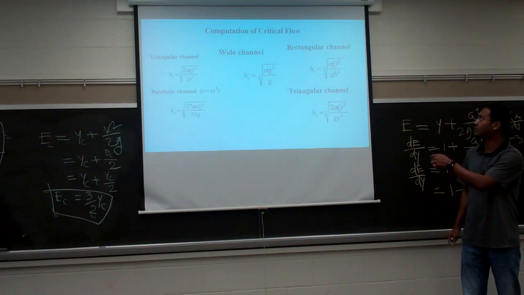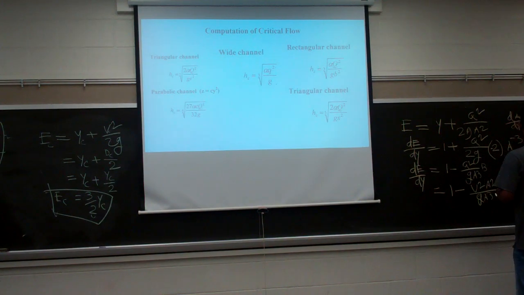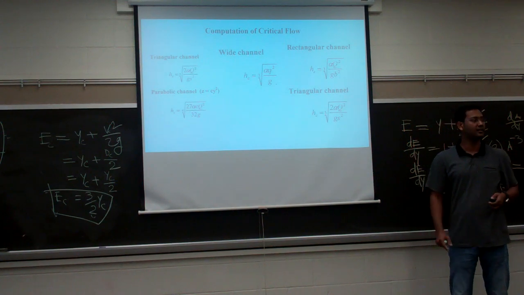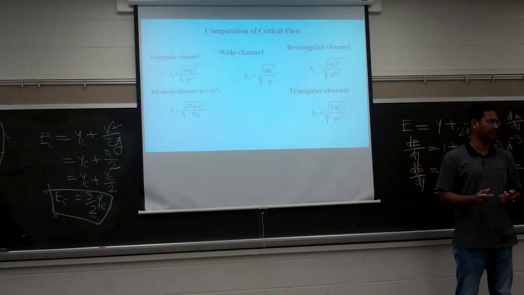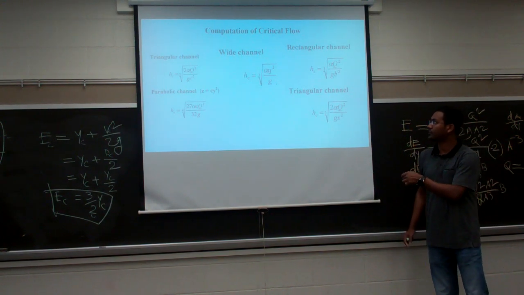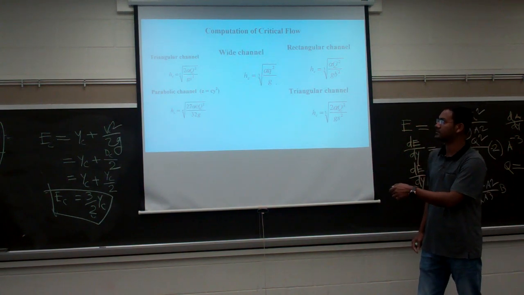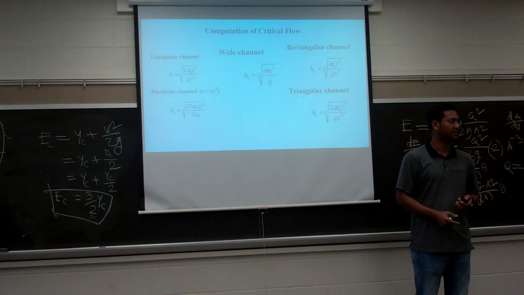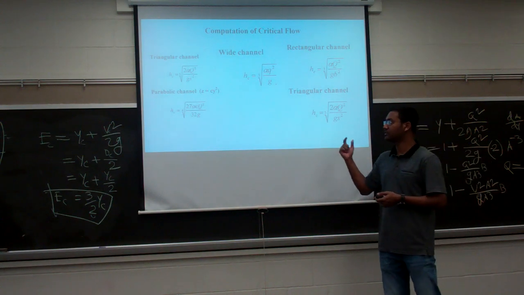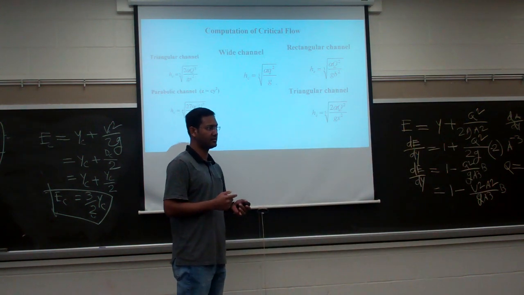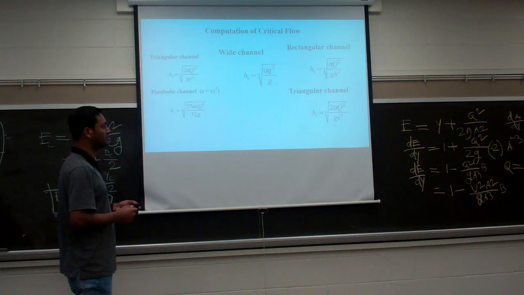If I know the flow rate and if I know the width of the channel, I can easily calculate what will be the critical depth of water. Easily I can calculate this way. Or if it is triangular, we can use this one. If it is parabolic section, we can use that equation. Right? So this is how we can compute the critical flow.